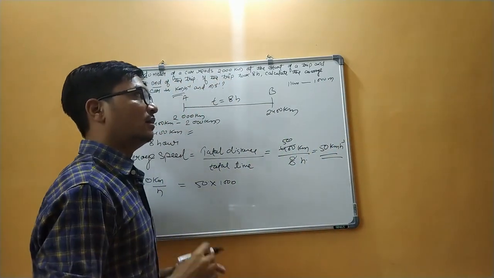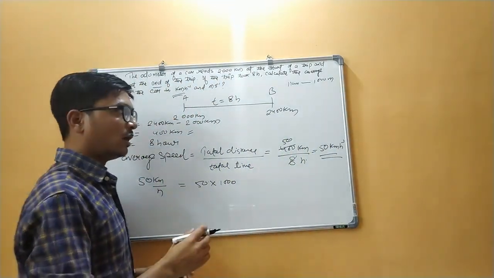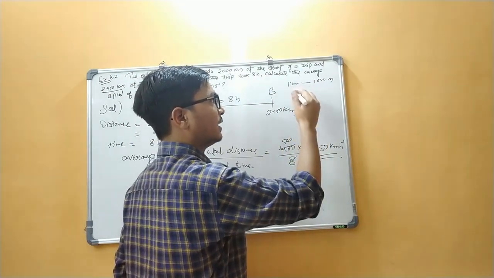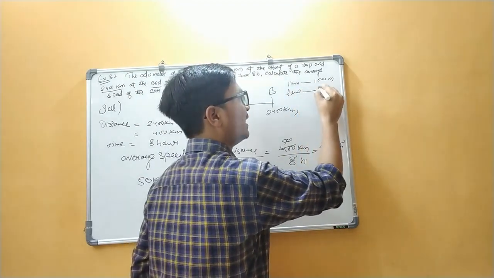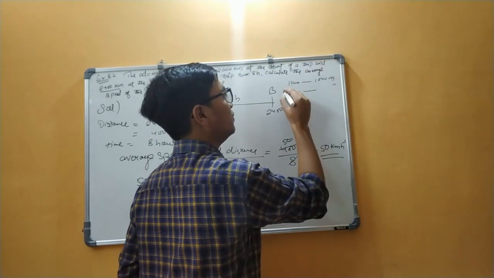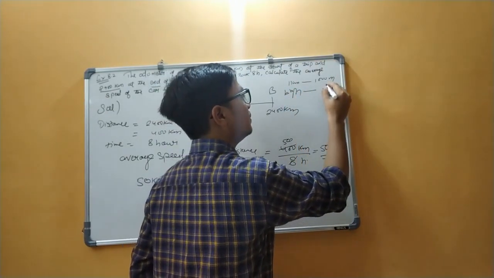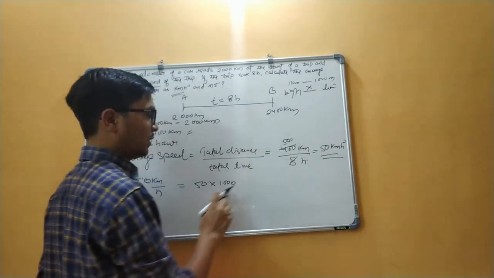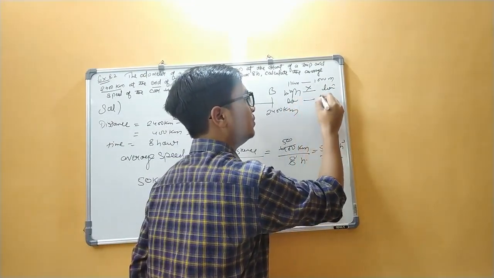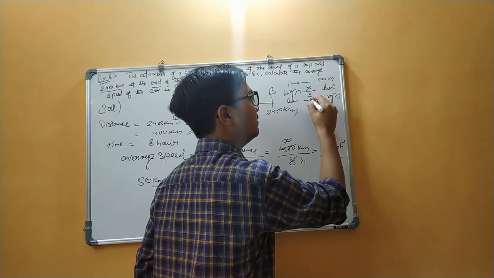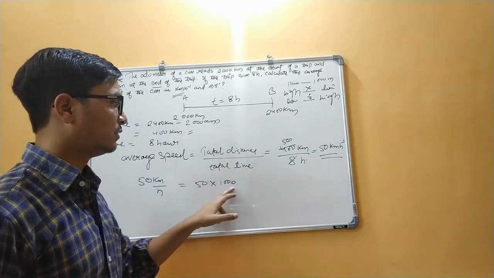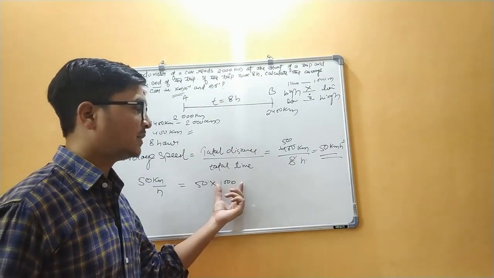This is my shortcut trick: when you go from a higher value to a lower value, you have to multiply. And when you go from a lower value to a higher value, you have to divide with the respective unit. Our respective value is 1000.